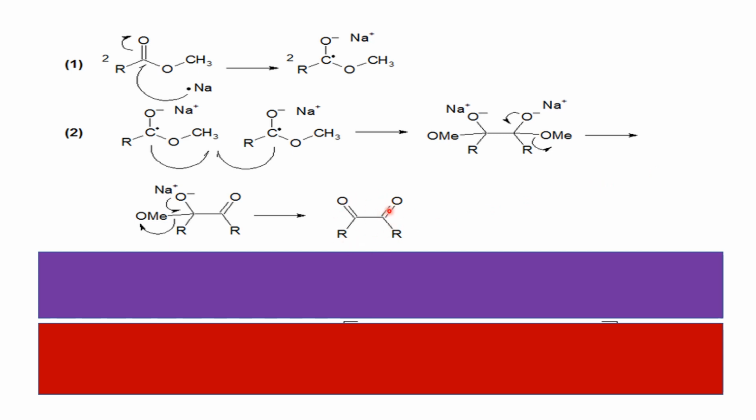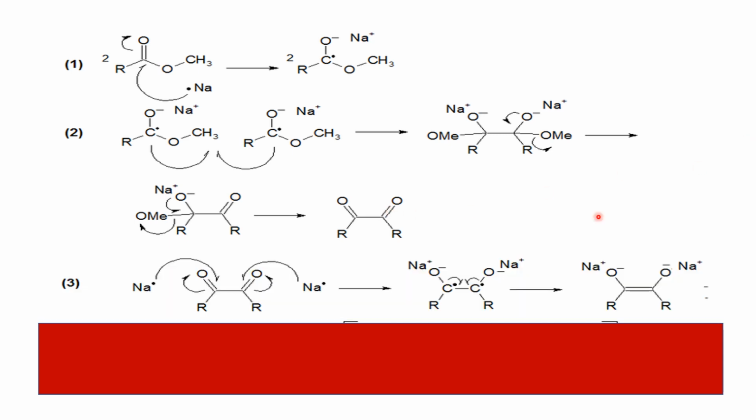Now again sodium will act. 2 sodium atoms come and the same thing repeats. The neighboring carbon atoms become free radicals and are joined together. This carbon has one electron, and this carbon has one electron, so they combine to form a double bond here.